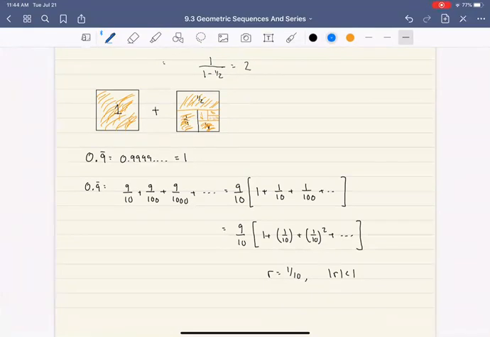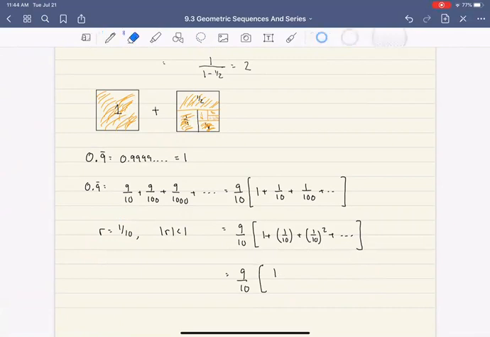So this is going to equal 9/10 divided by 1 minus 1/10. Okay, 1 minus 1/10 is 9/10, so we get 1.